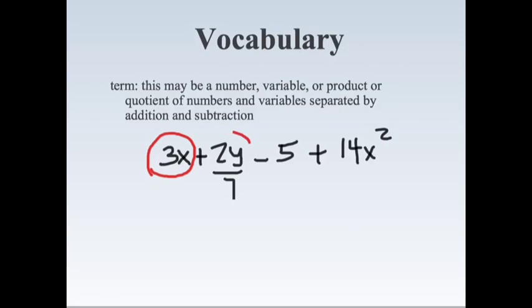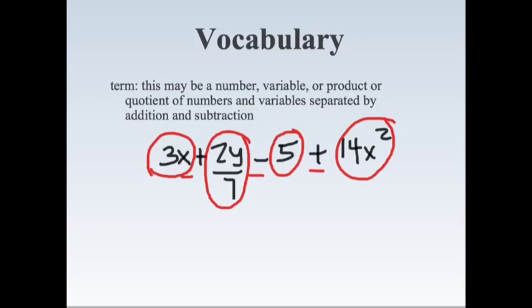3x is a term. 2y over 7 is a term. 5 is a term. And 14x squared is a term. I want you to take a look at that and recognize that each of these are separated by addition or subtraction, and that's what lets you know you have a term. So again, this is a term. What is not a term?